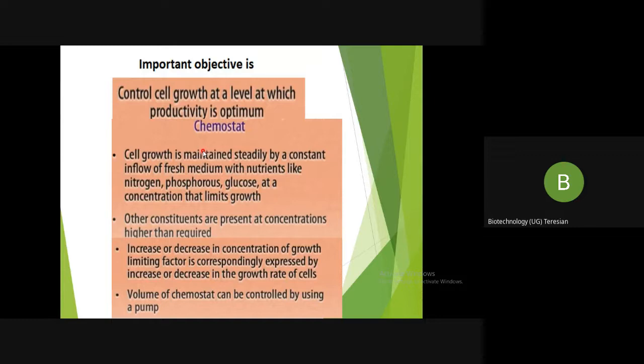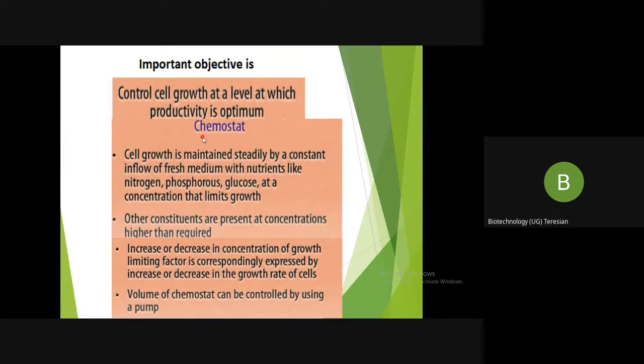Okay, you have already studied the primary and secondary metabolites of microorganisms. So to get these primary and secondary metabolites, the temperature, pH, and other factors I have mentioned should all be optimum. That is why the productivity should be optimum.